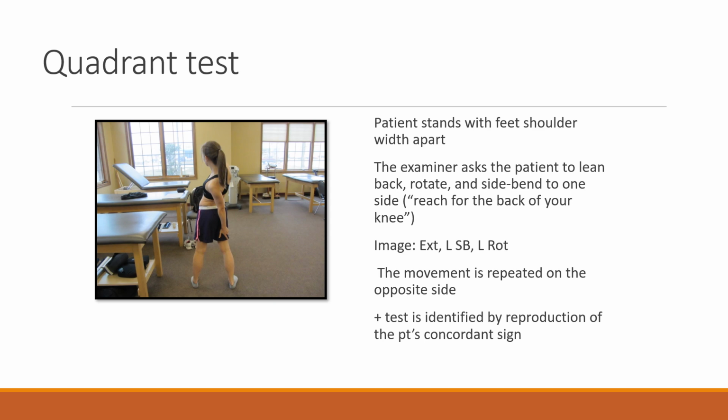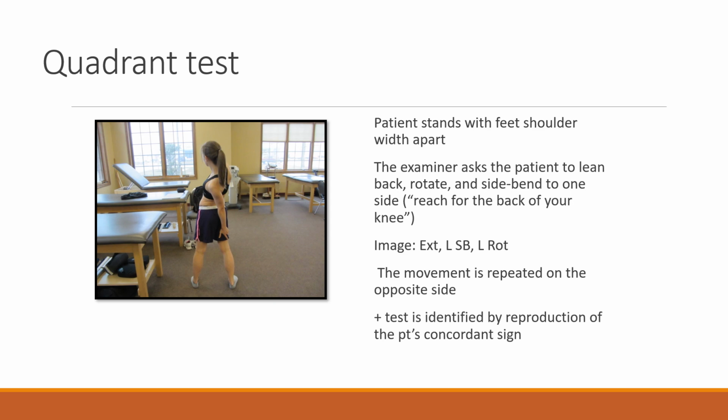If you're just dealing with a patient who has low back pain and you load them into this extended, rotated, and side bent posture, you're likely loading the facet joints. If it's a little bit lower in the SI joint region, maybe around the PSIS, you can also potentially get sacroiliac joint involvement with this test as well. So it can be used in a variety of different ways.